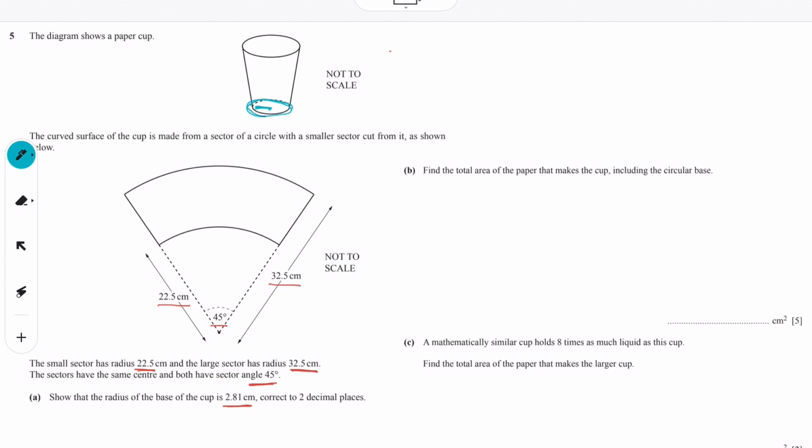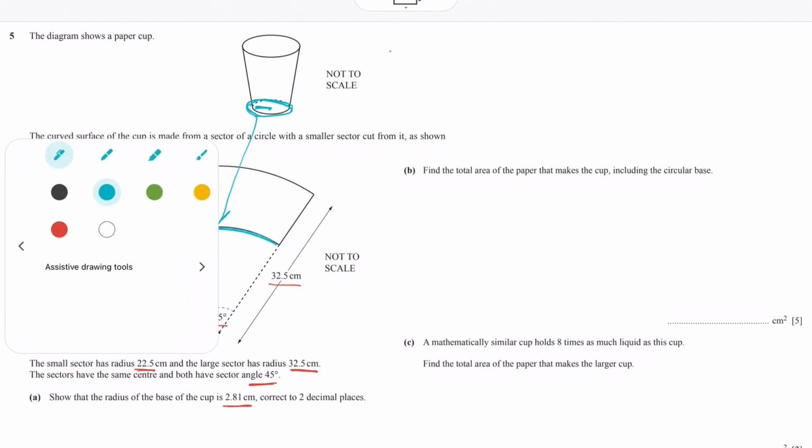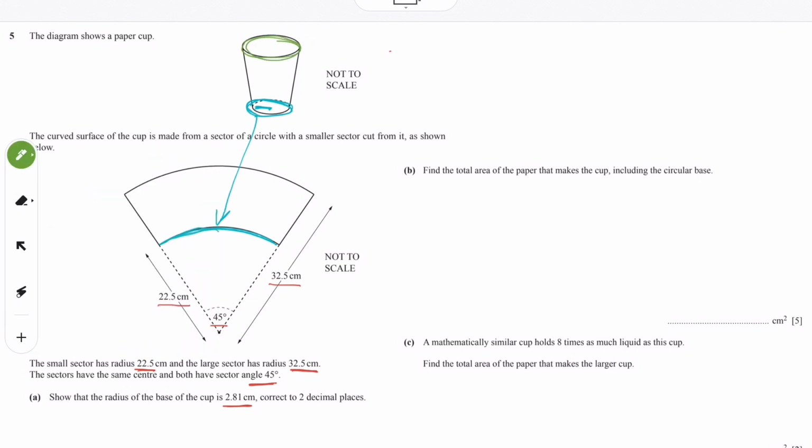Now the circumference, this bit, should equal the same as this distance here. So if you look at that, that is the bottom bit. Put an arrow like that, and then if I change the colour here, this bit is the top arc there, and of course these are the distance or the height of the cup.